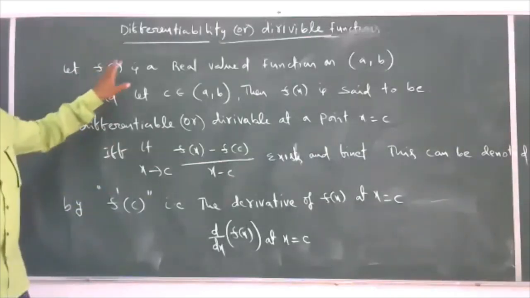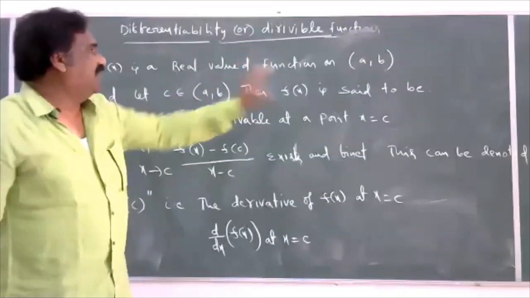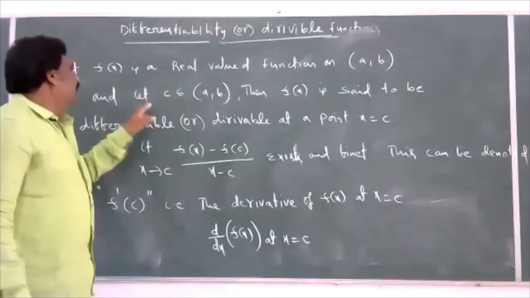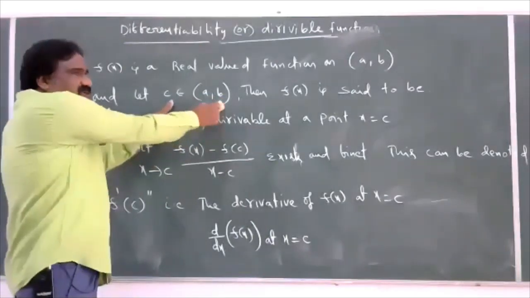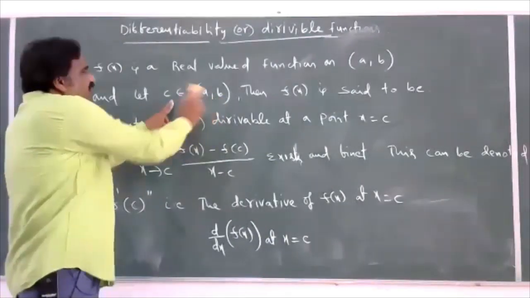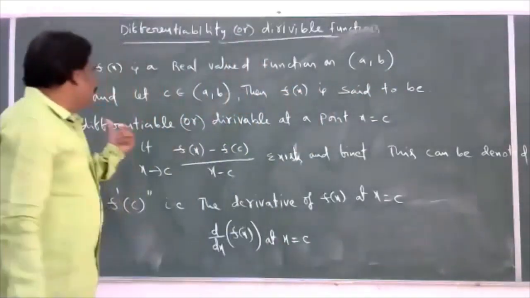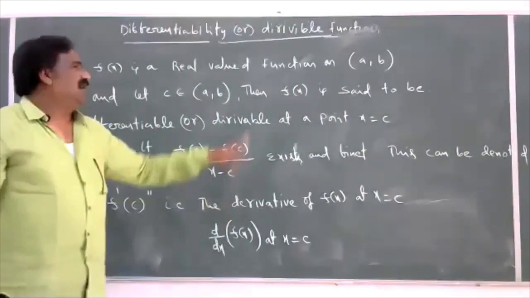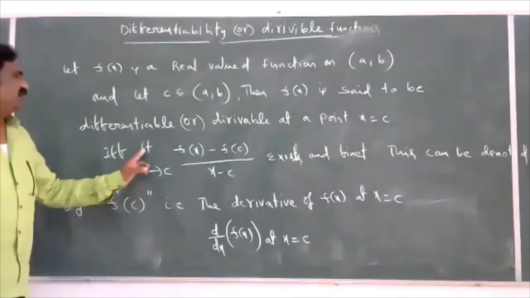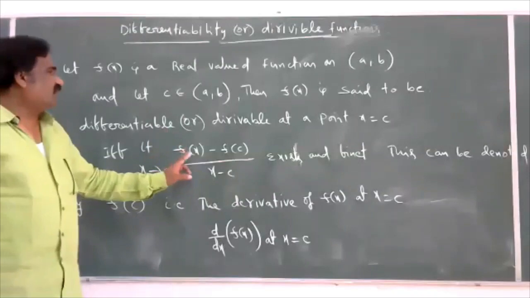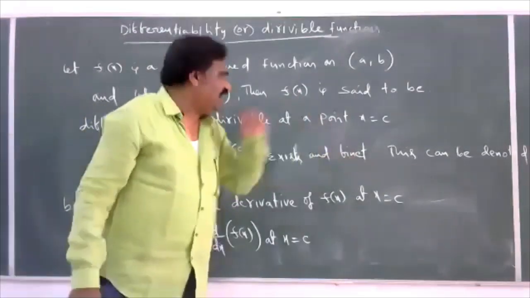So f of x is a real valued function on the open interval (a, b), and let c be any point lying between a and b. Then f of x is said to be differentiable or derivable at a point x is equal to c if and only if the limit as x tends to c of (f of x minus f of c) by (x minus c) exists and is finite.